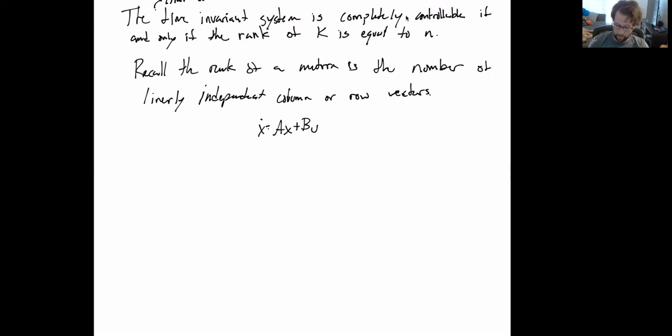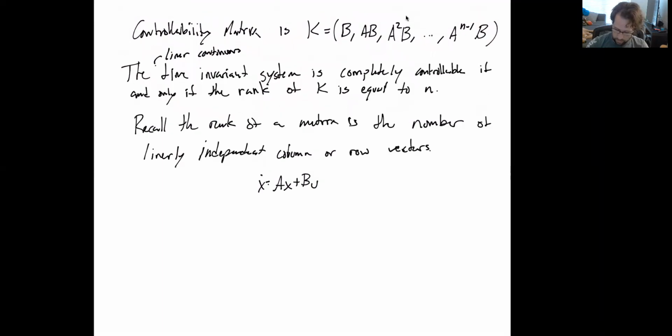All we have to do to determine the controllability of our system, and again, our system is completely controllable if it can go from any one point to another point. And so we can determine if that's true if we can find this K matrix here, such that either row vector or column vector has at least rank n.